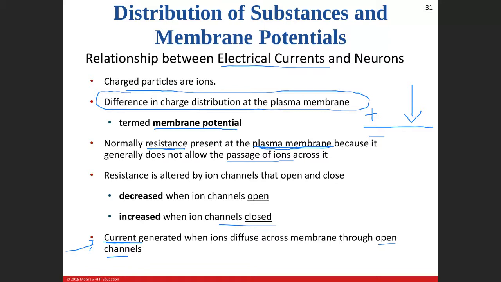Current is usually measured in amps, right? Once sodium is leaking into the cell and potassium is leaking out of the cell, you're going to create a current, an electrical charge, right? That is also going to help with the membrane potential.